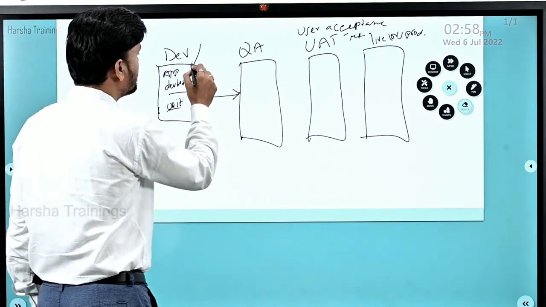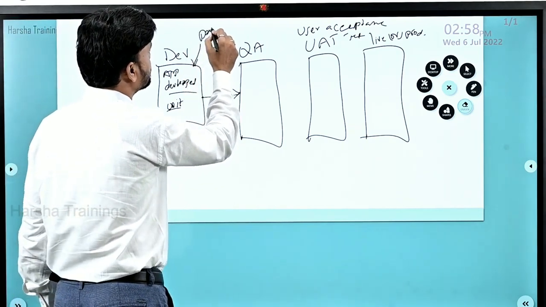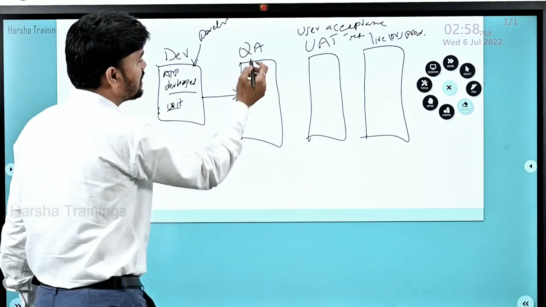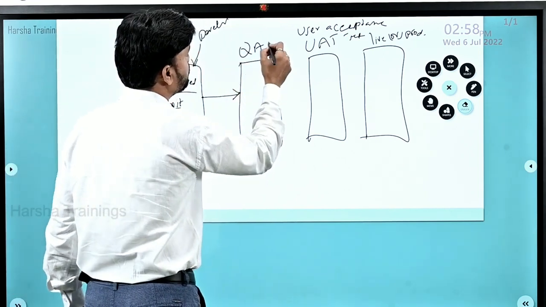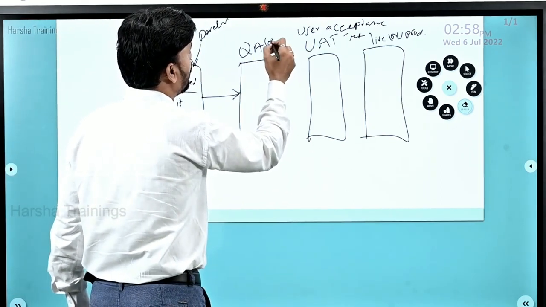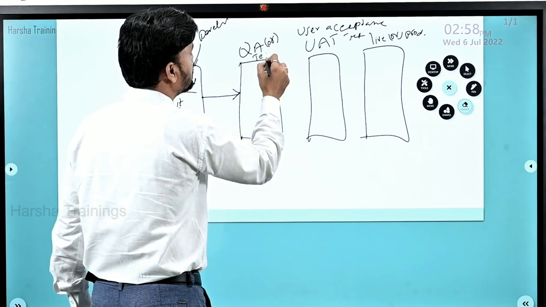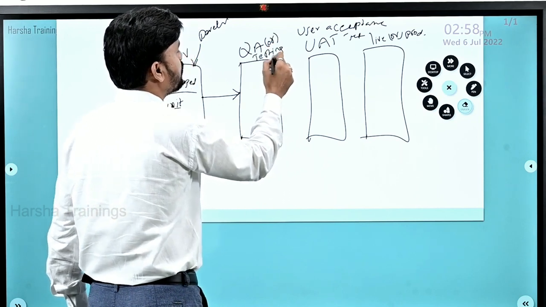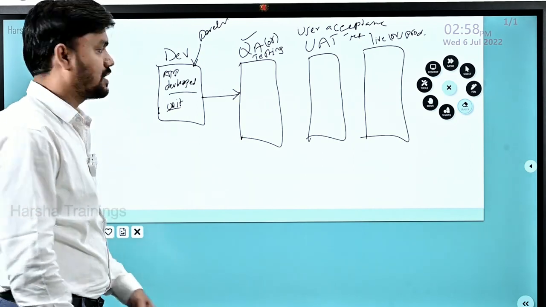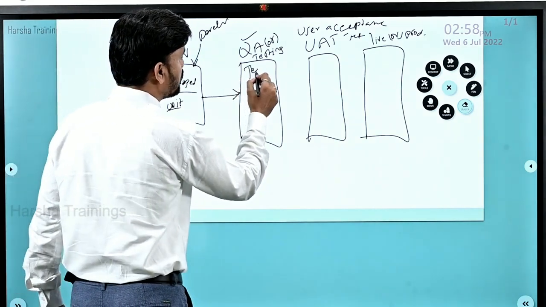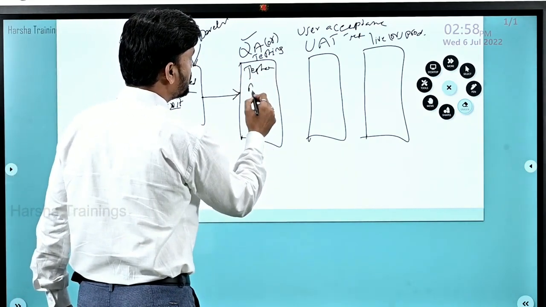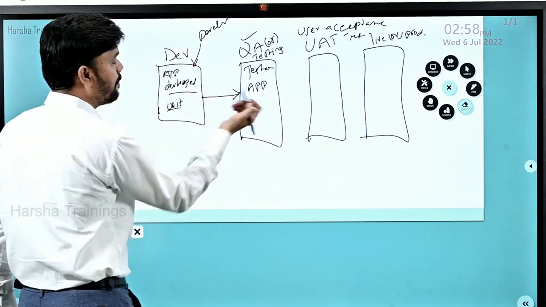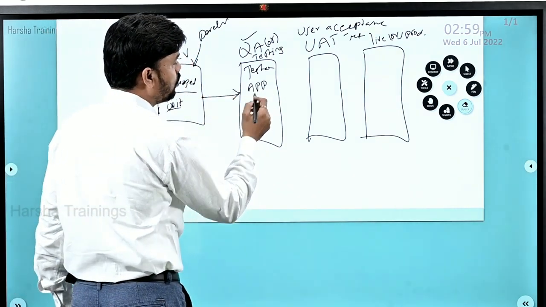The development server will be accessed by developers, and QA servers will be accessed by testers. This may be called a QA server or testing server. You can say testing server also, but mostly the terminology used is QA server. So testers will log into this server, and for the application that is moved here from development to QA, they are going to do testing.